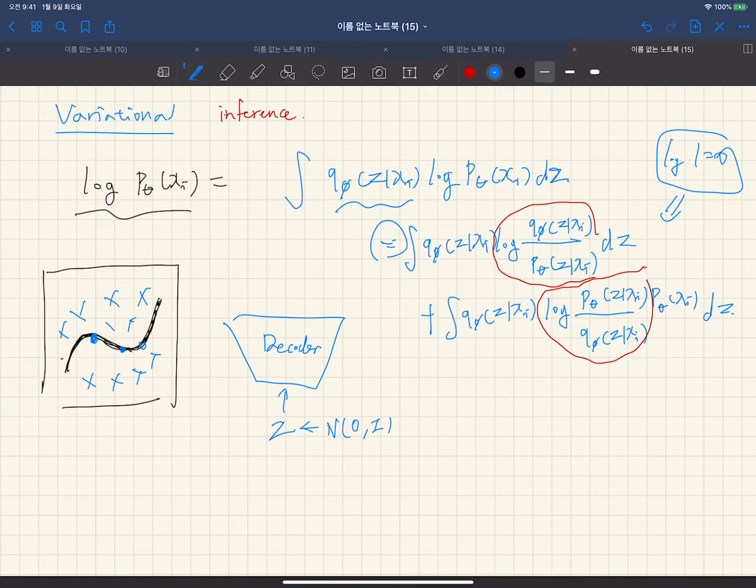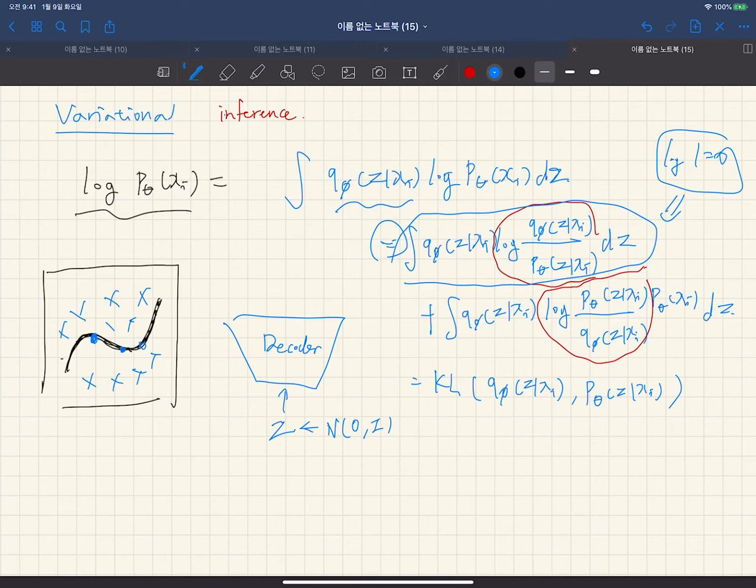And when you look at this last term, the first part is the KL divergence between q phi z given x_i and p theta z given x_i.